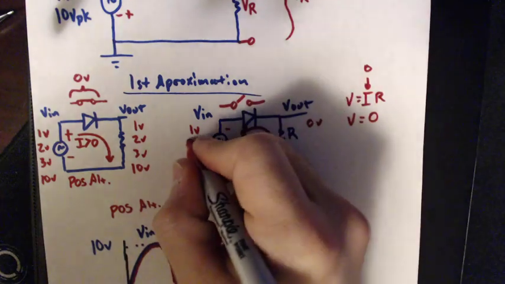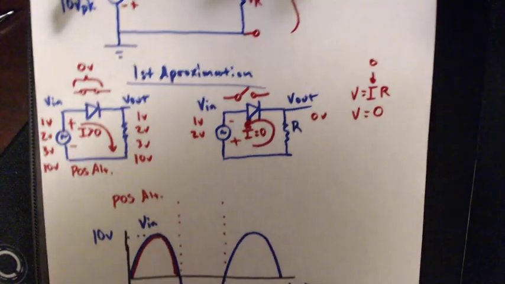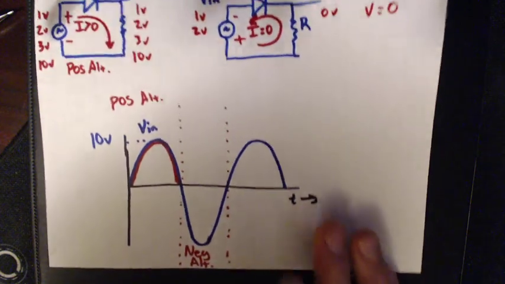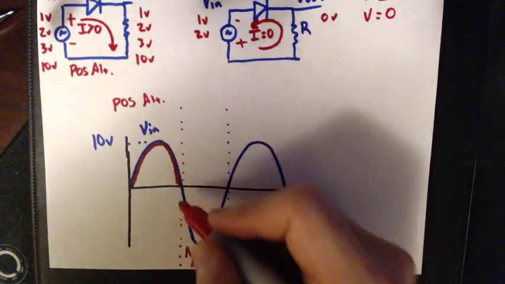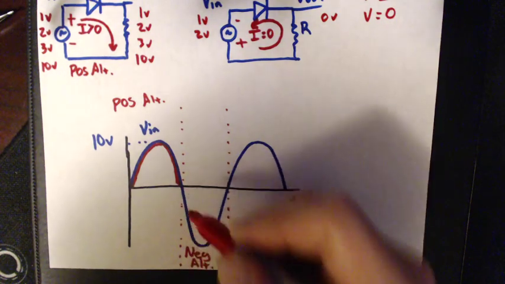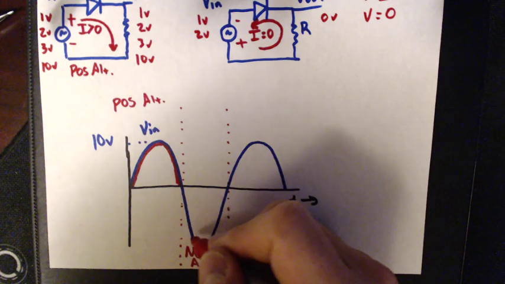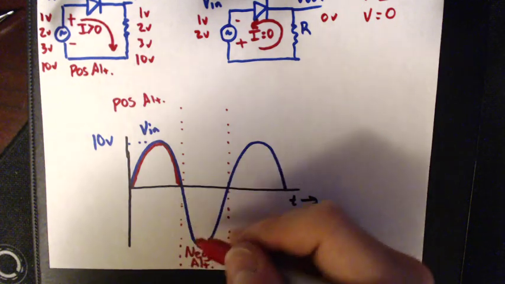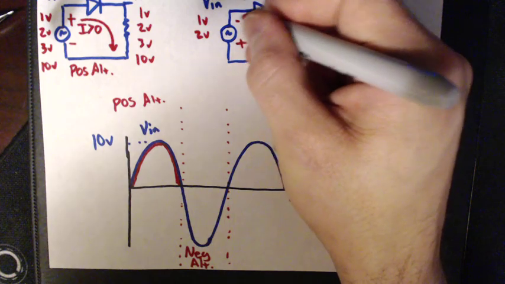So if I get 1 volt applied, I get 0 volts from V out. If I apply 2 volts, and actually, I should probably change that. Well, no, because the polarity is taking care of that, so don't worry about it. I was looking at the graph, because the graph goes negative, but this negative is already taken care of by me putting the positive sign down here and the minus up there.